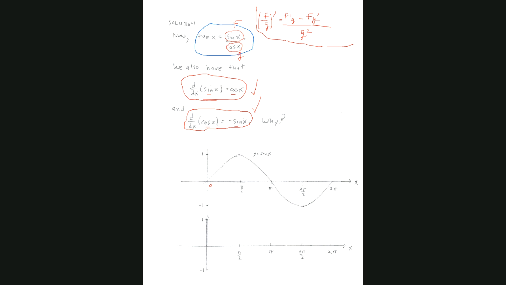At pi over 2, let's start there. At pi over 2, I drew a tangent line. What's the slope of that tangent line? When x equals pi over 2, that slope is 0.